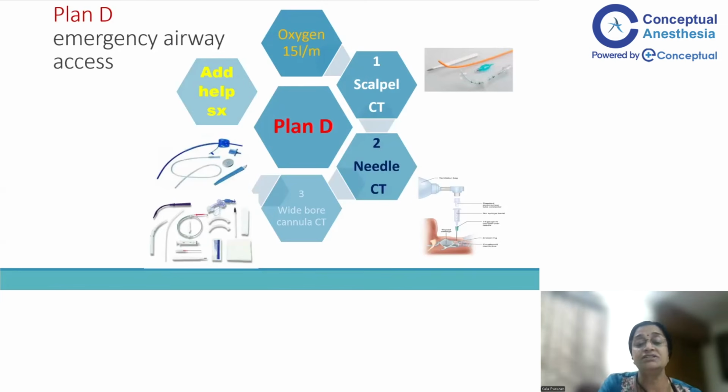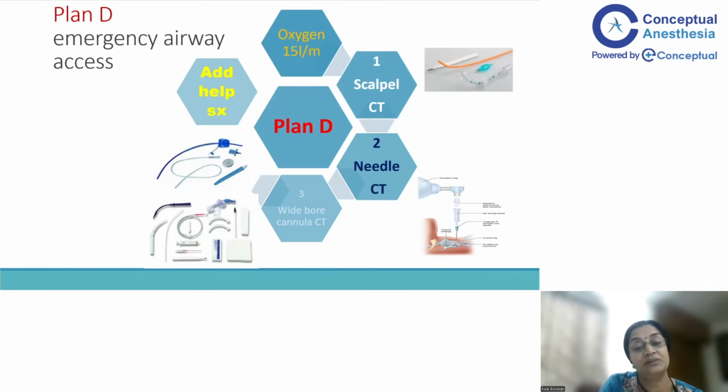So for emergency airway access according to plan D, you have to call for help initially, which in the initial video of Elaine Bromley, you saw that she kept on trying. So the minute you realize you are alone, and you're trying to intubate and it has not gone in the first go, you better call for help and up the oxygen. She was not given any pre-oxygenation, or while intubating also she was not given oxygenation anytime.